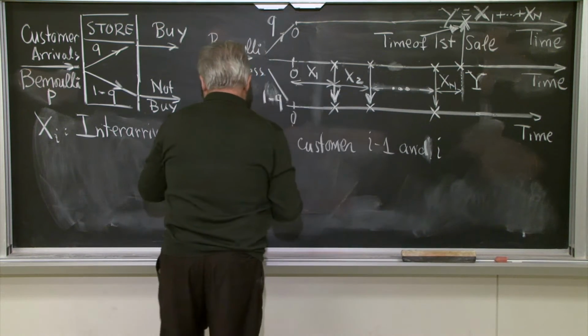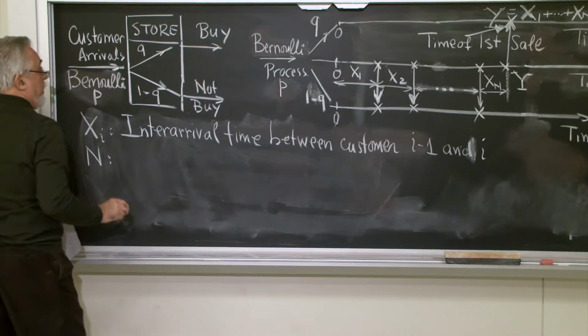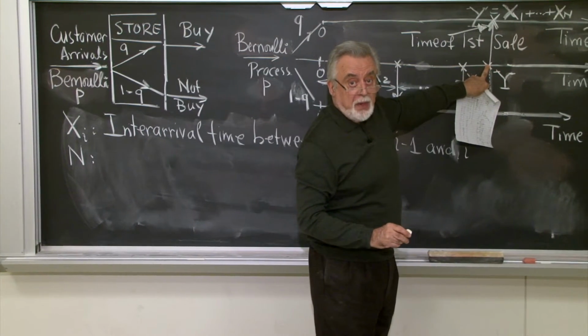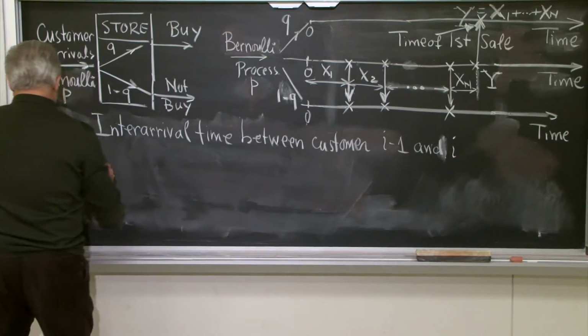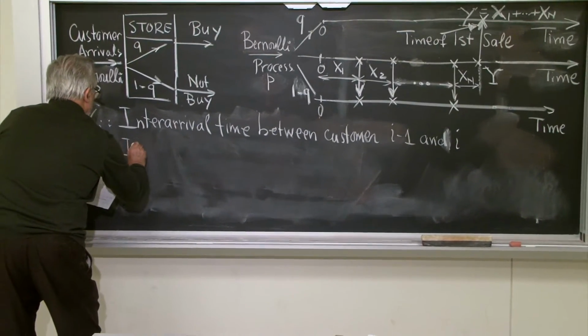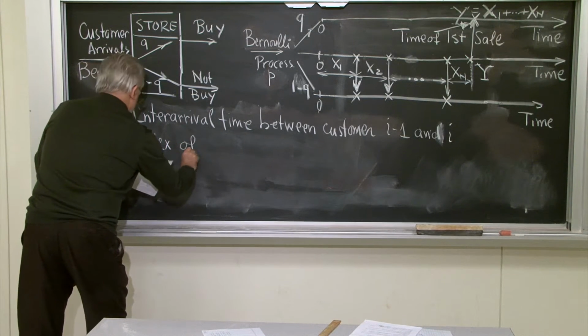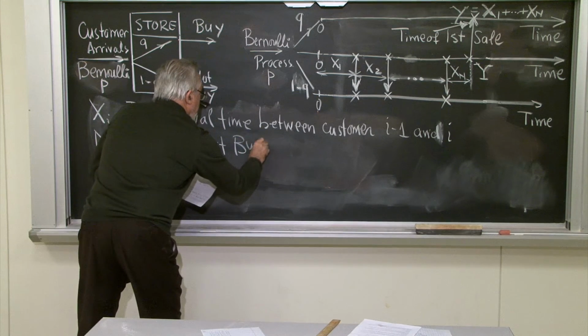And we're going to call N the index corresponding to the first sale, the first customer that comes in and buys something. So N is the index of the first buying customer.